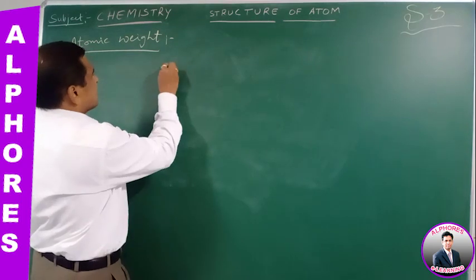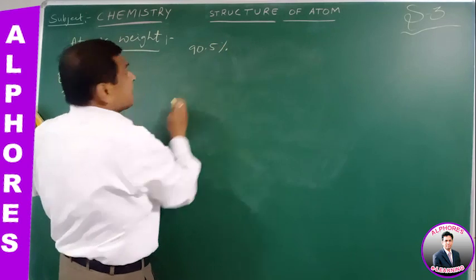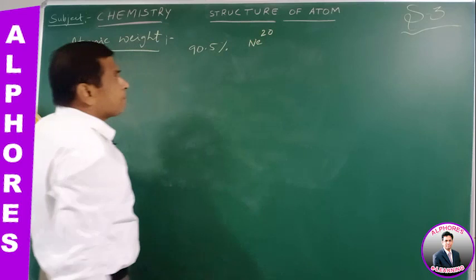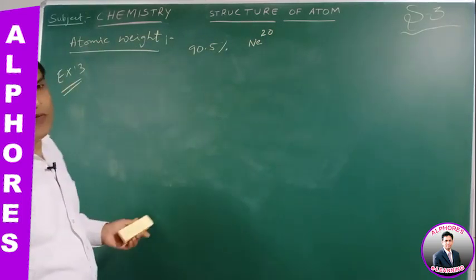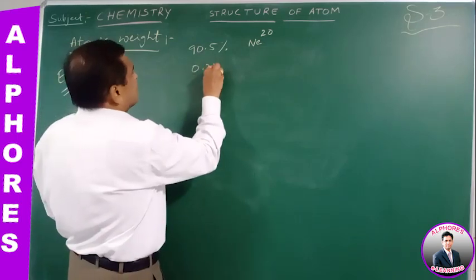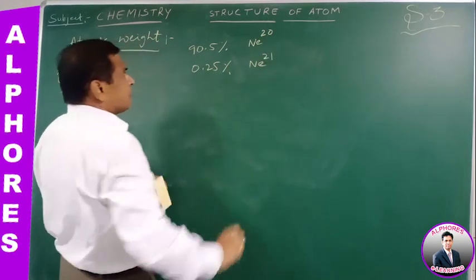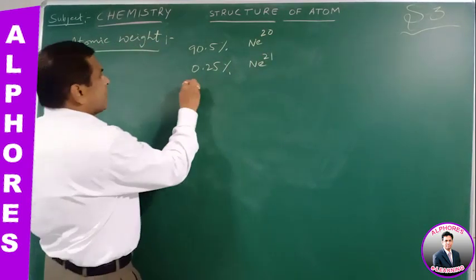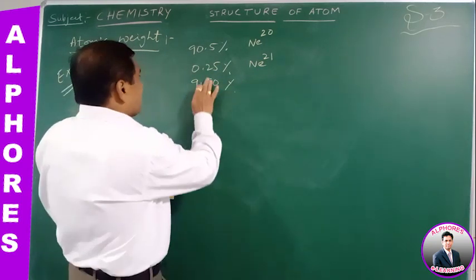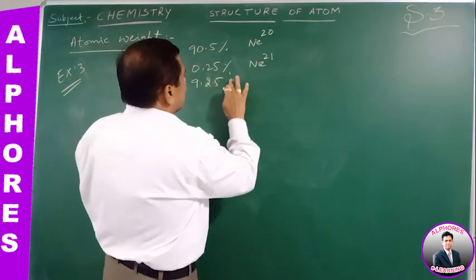The first isotope is 90.5% of neon-20, the second one is 0.25% of neon-21, and 9.25% of neon-22.